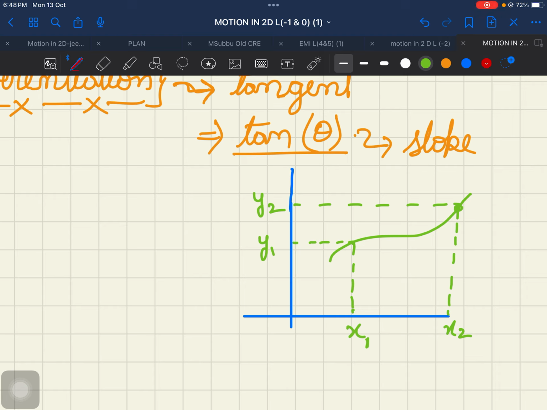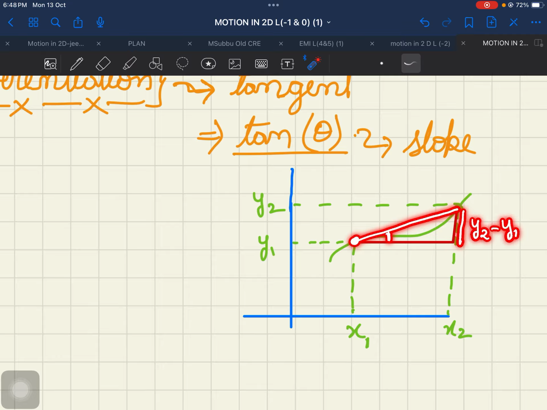If you join these 2 points, what do you mean by this triangle? You have to think now. We have joined these 2 points, and this angle is theta. Now this side will become y2 minus y1, and this will become x2 minus x1, right?